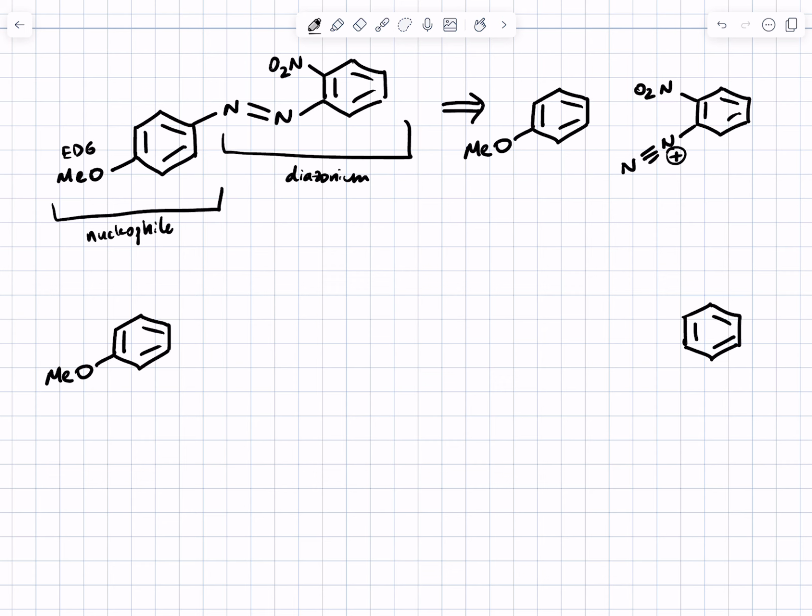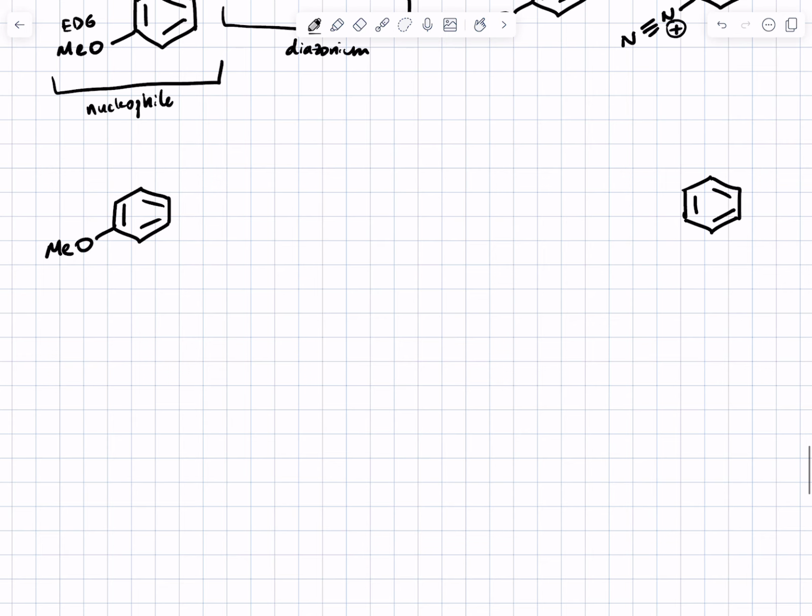Because we're assuming that you're on a deserted island, you have a fully stocked lab with any type of organic molecule that you want. You're never getting off the island and you're bored, so you're just going to start making stuff. All right? This is your nightmare scenario. So how do I get the methoxy group on the benzene ring from benzene?